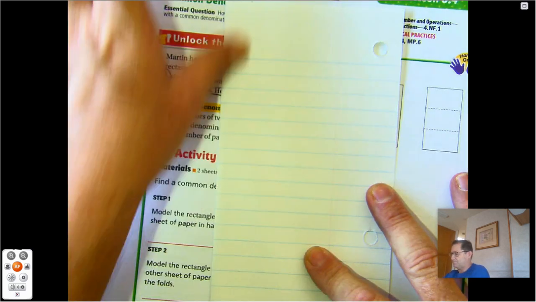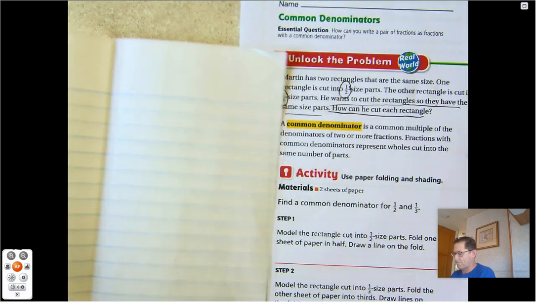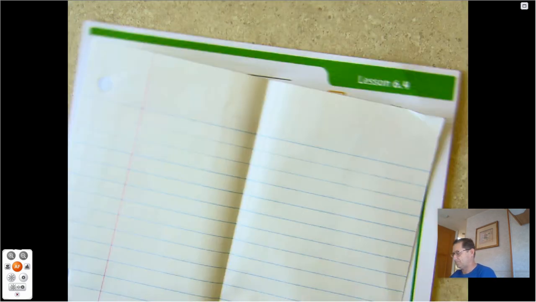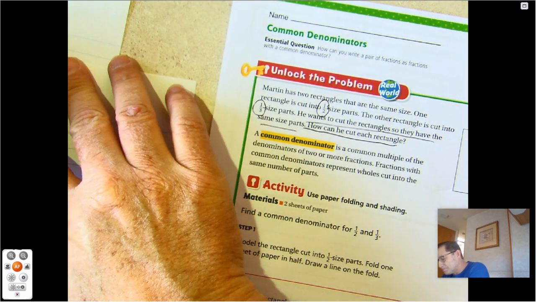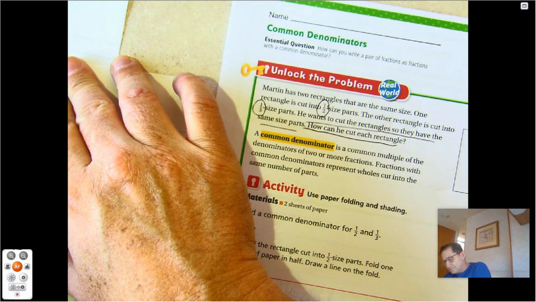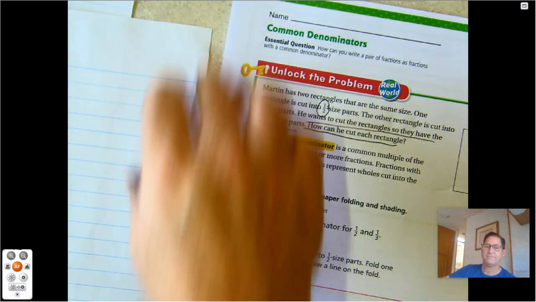Crease the paper, open it back up, and draw a line on the fold. So we've drawn a line on the fold.